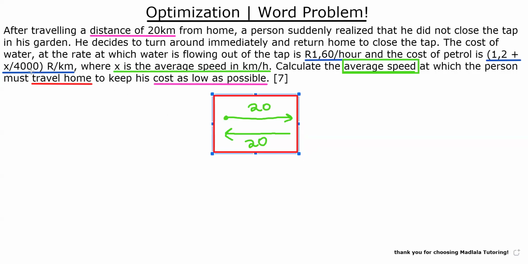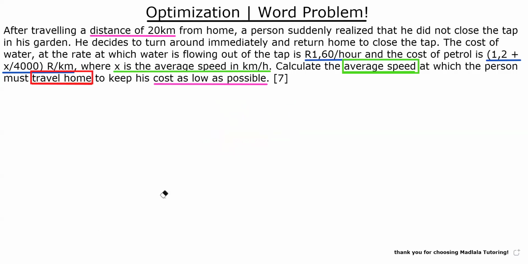They just want to know from the point at which he realized up until he went back home. In other words, we are only interested in a one-way motion of the entire motion. Now that's fine.